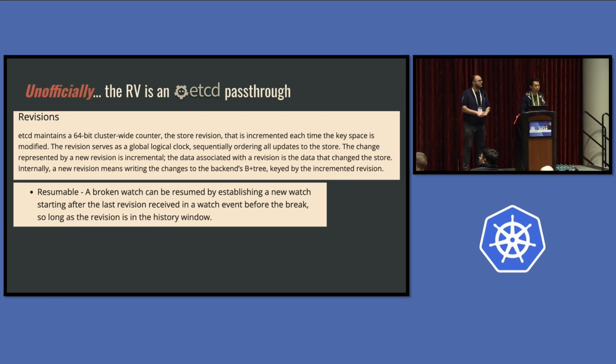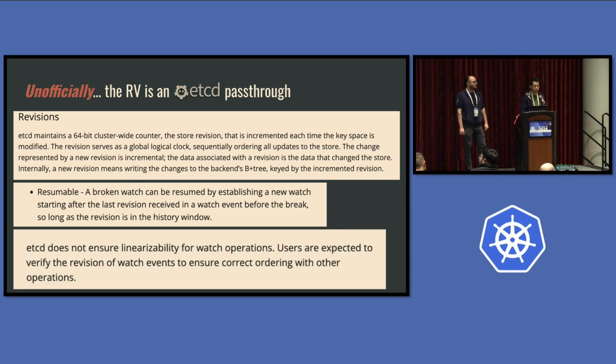So the RV is not opaque to etcd. And you are responsible as the client to ensure that you can either handle duplicates or that you are incrementing the RV. It is the responsibility of the client.